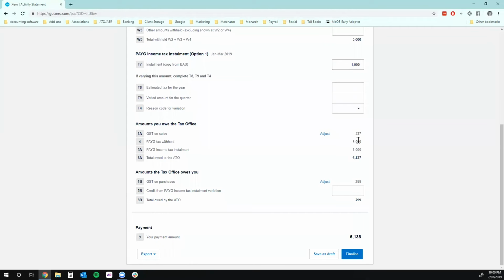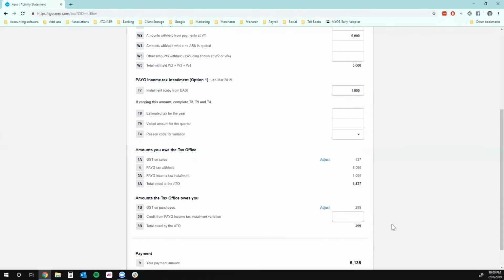So we're going to say we've got $437 on GST from sales, plus $5,000 owing of tax for employees, and $1,000 as an income tax installment. That leaves me with $6,437 owing to the ATO, but we minus any GST on purchases that we've had, which is $299, and that leaves us with the total payable of $6,138.